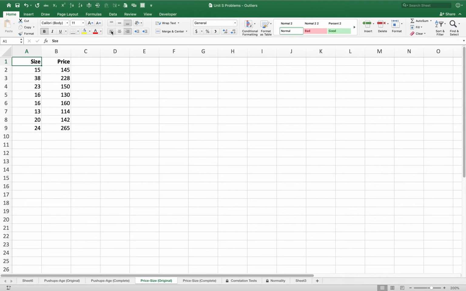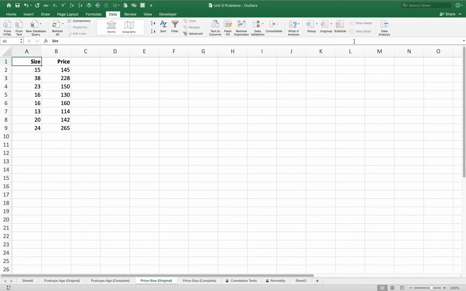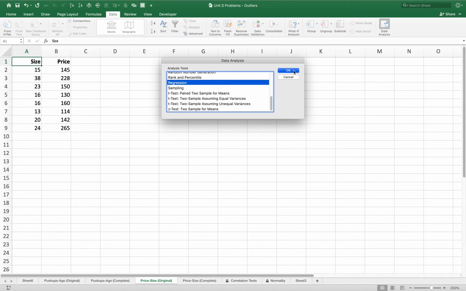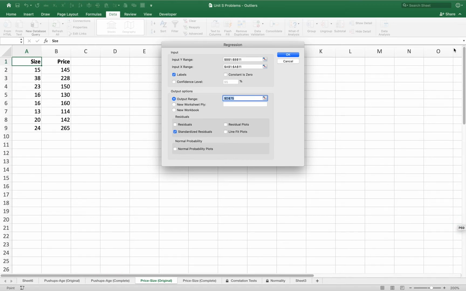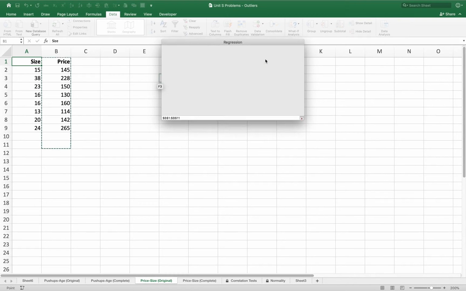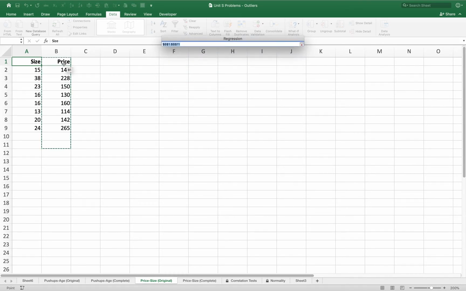So I'm going to go back here and we're just going to walk through this thing again fairly quickly. So data analysis, regression. Now I've still got all of the boxes filled in from the last one, so I'm going to have to change these and say that here's my price, that's my y variable, all right.